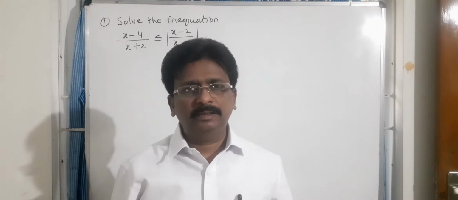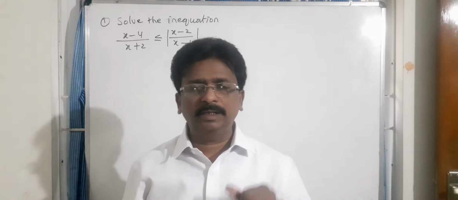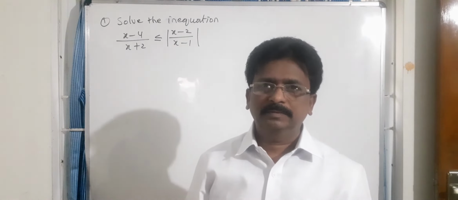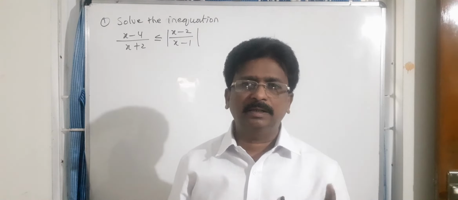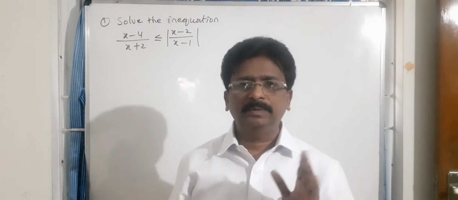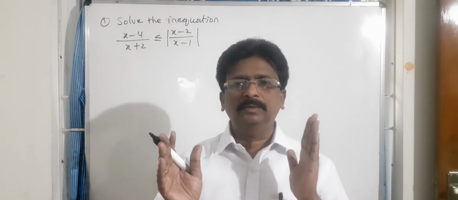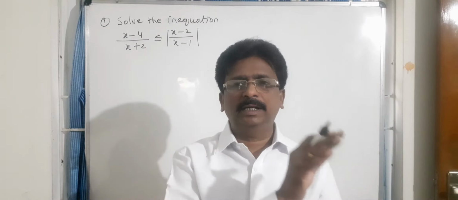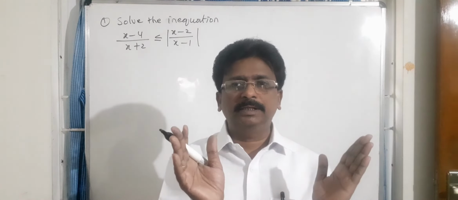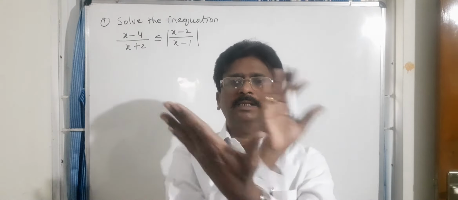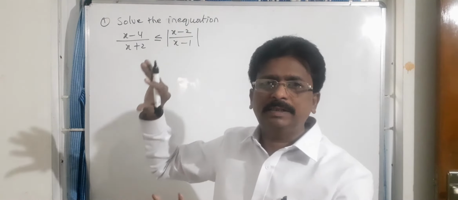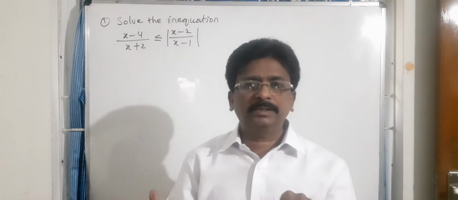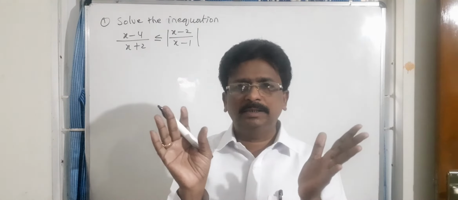If this inequation contains the modulus, whenever the modulus is given, how to solve the inequation, let us see. The first thing, we have to change the modulus to left side. Just we have to interchange, just reversing of the inequation. So I will reverse the inequation, LHS to RHS, and the inequation sign also changes.